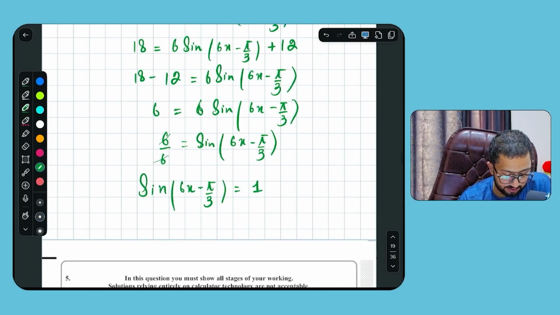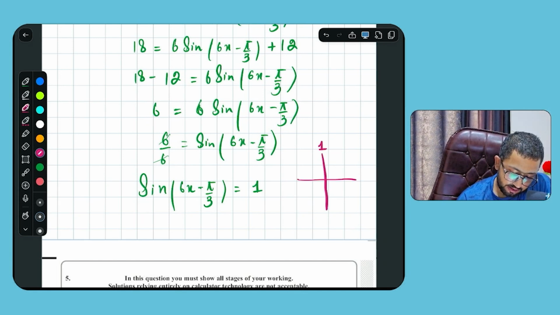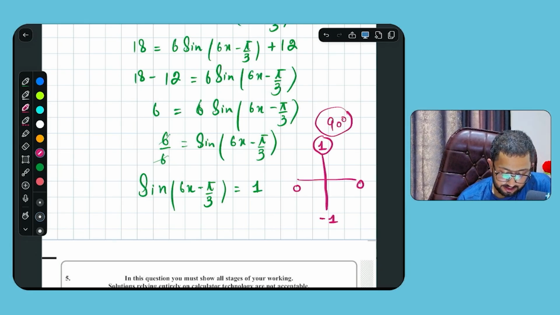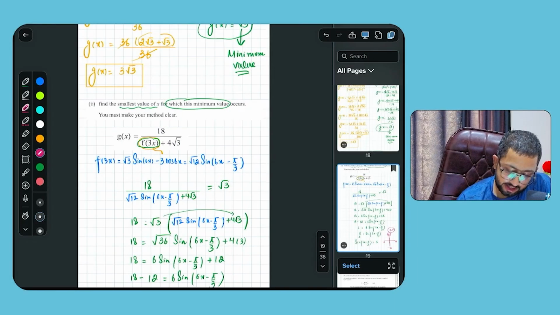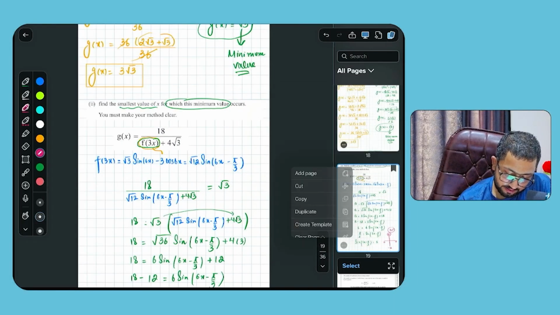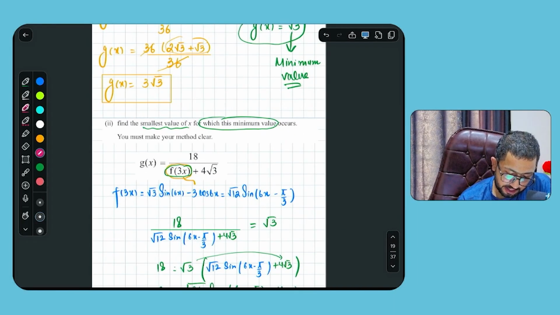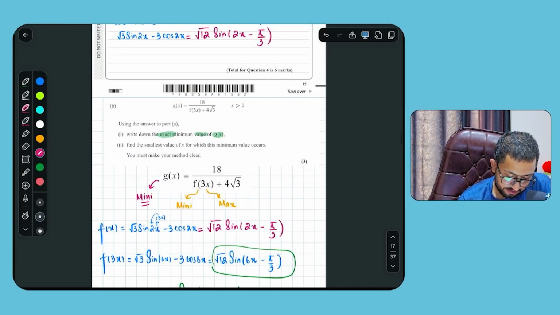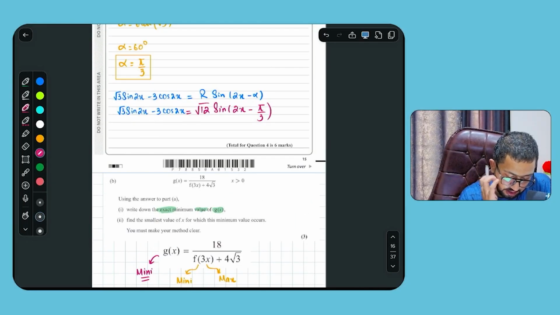Everyone knows the graph of sine. At which angle will you get 1? At 90-degree angle, means pi by 2. Perfect.